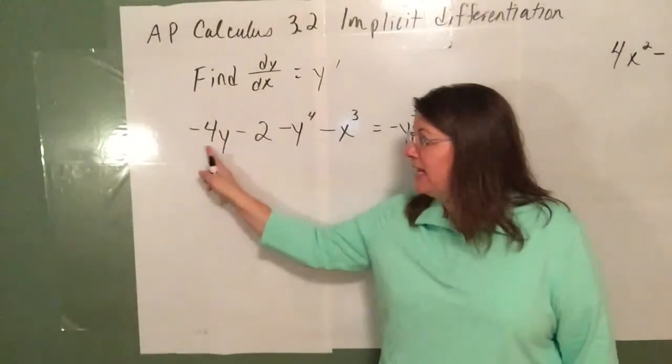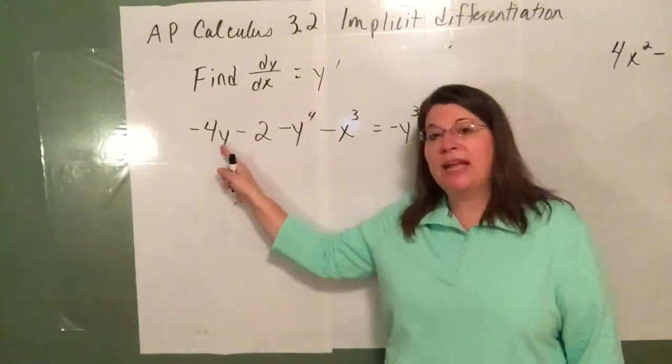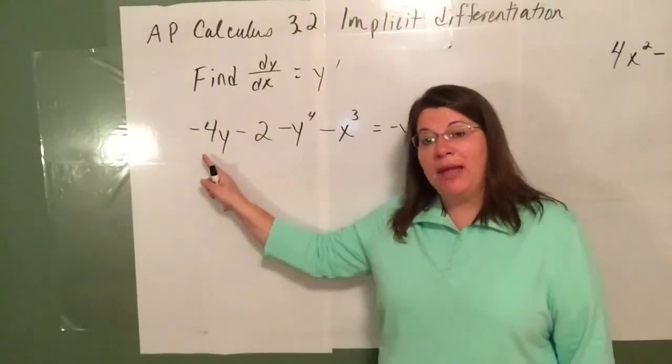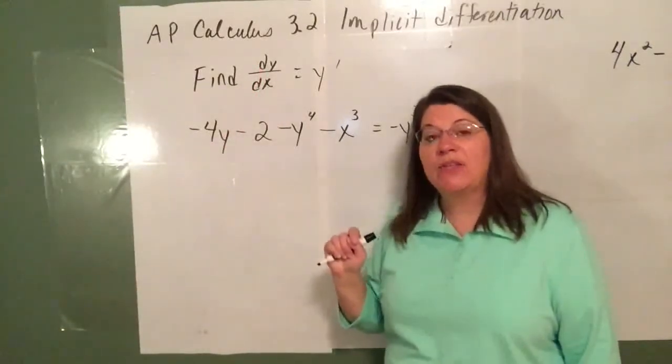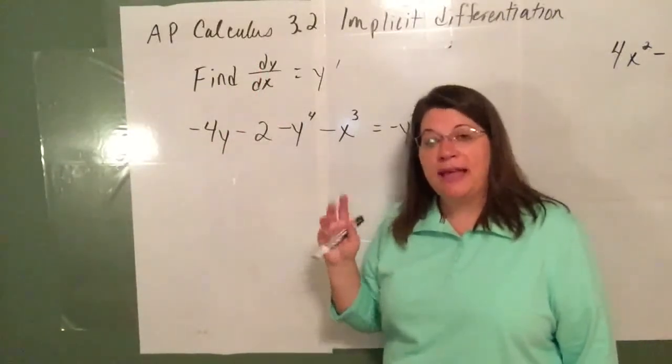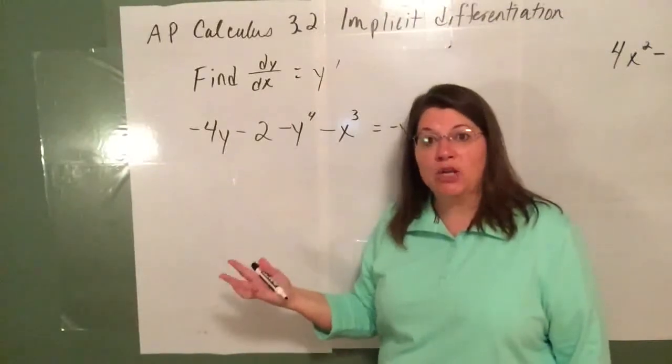For instance, right here, if I take the derivative of negative 4y, the y will drop out. It'll just be negative 4, but I need to include the dy over dx so that I know that was a term that had a y value with it.